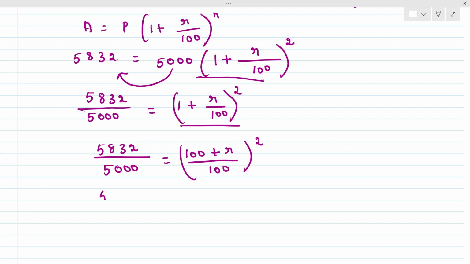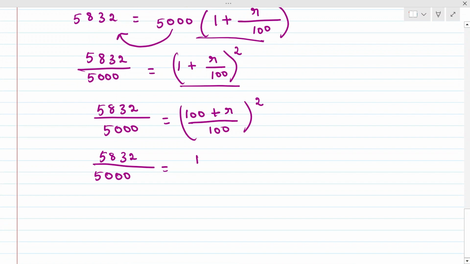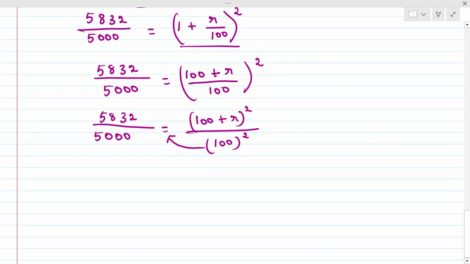So again this side 5832 divided by 5,000 equal to, how to make this? 100 plus R the whole square divided by 100 square. Like that also we can write. Now this 100 square will be sent to the other side. Here it is in the denominator. So when it goes to the left hand side, it will go to the numerator.